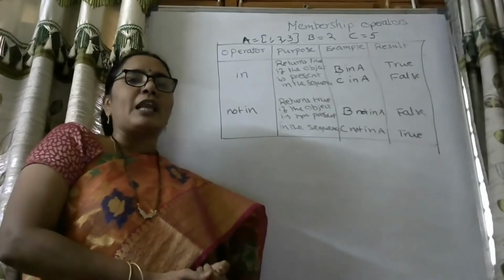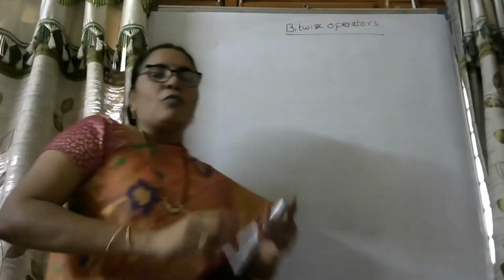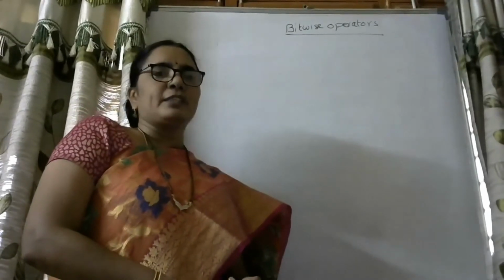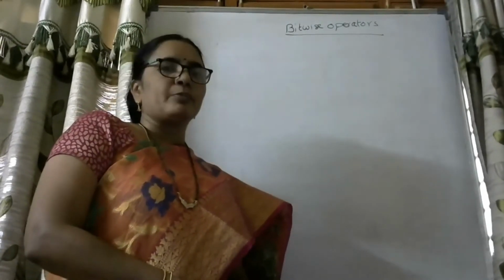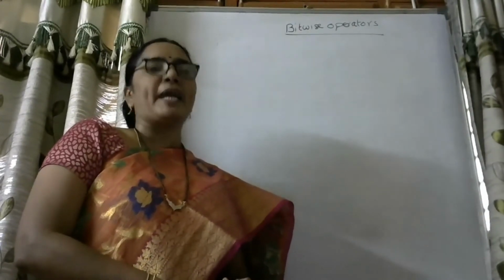Now, the last category of operators is the bitwise operators. What is meant by bitwise operator? We know that when you write a number in the computer, it is internally stored as a binary number.